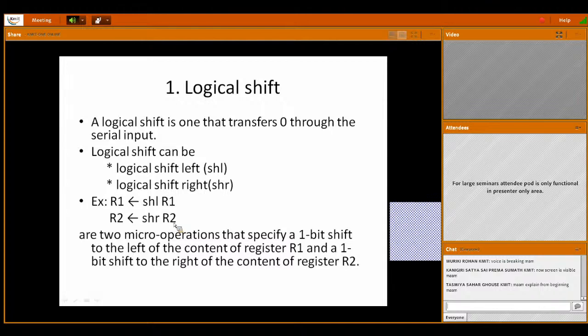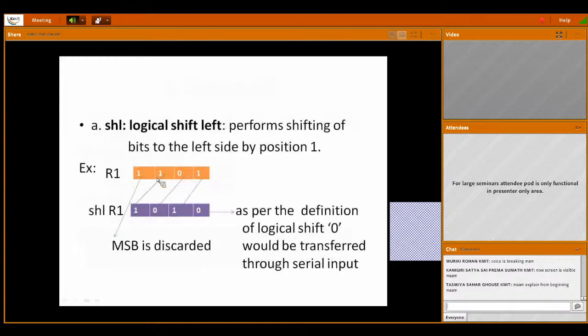Now consider one example. Here consider a register R1. I am going to explain the logical shift left operation. Consider it contains the data 1101.